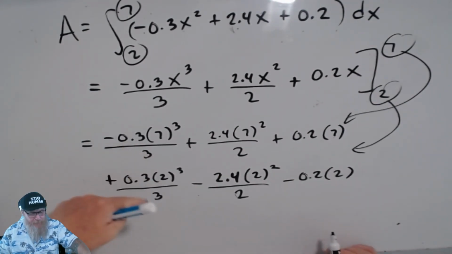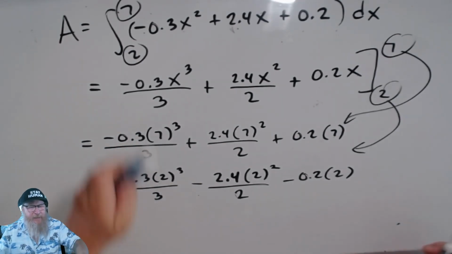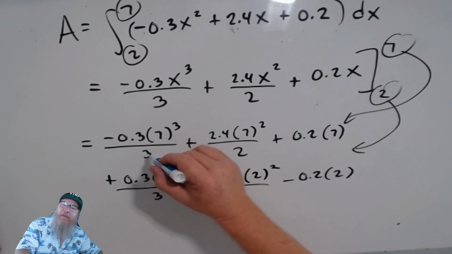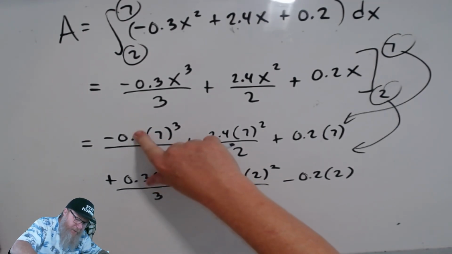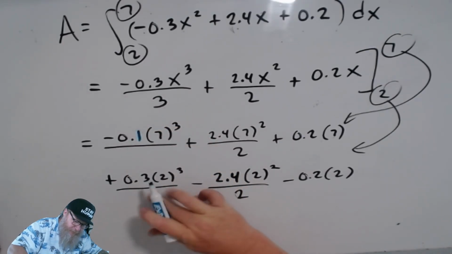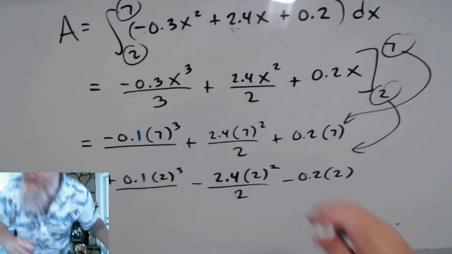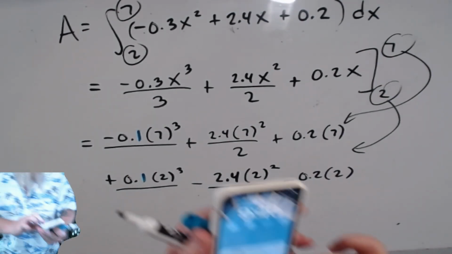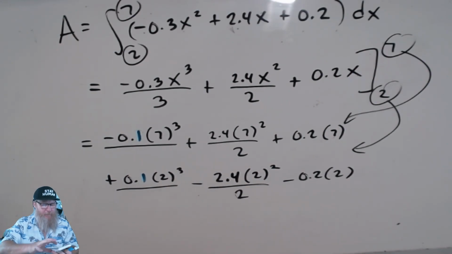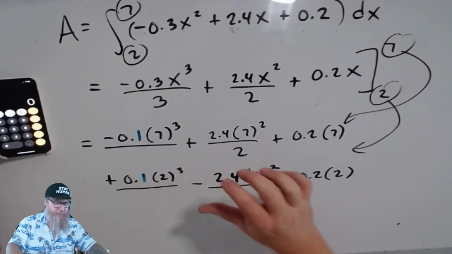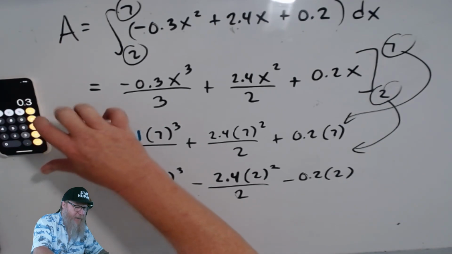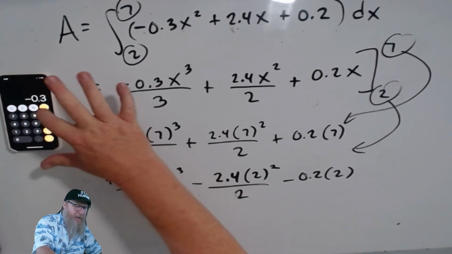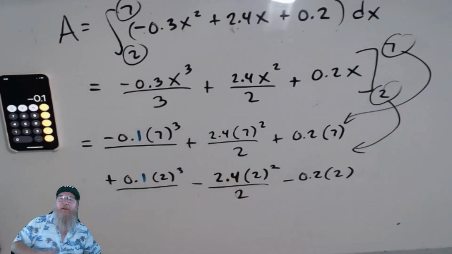If you want to simplify this a little bit, you can, like I do. Negative 0.3 divided by 3 is clearly negative 0.1.